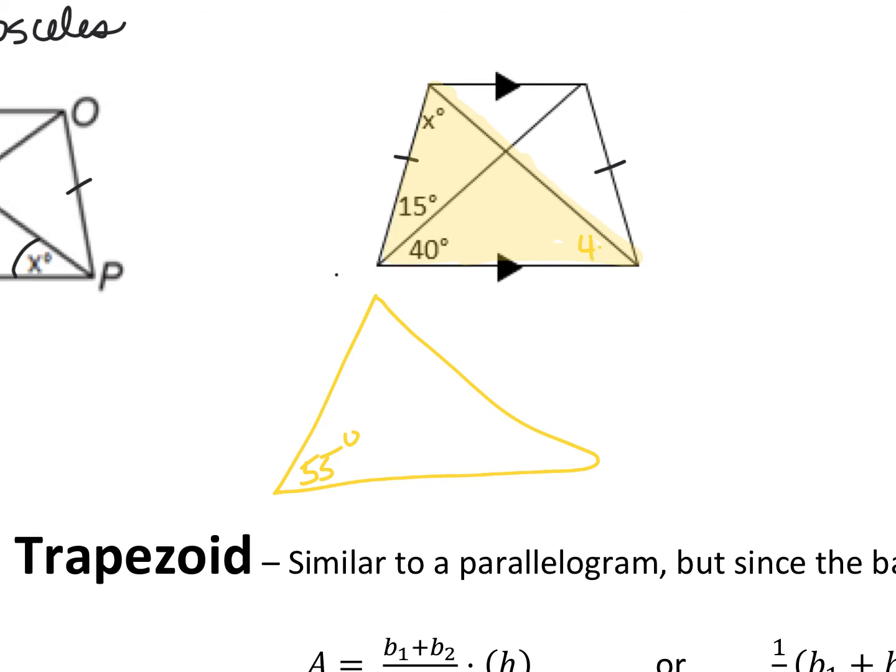We know this is 40 degrees, and now we just have to find that angle. So we take 40 and 55, and we get 95, and we subtract that from 180, and that gives us 85 degrees for x.